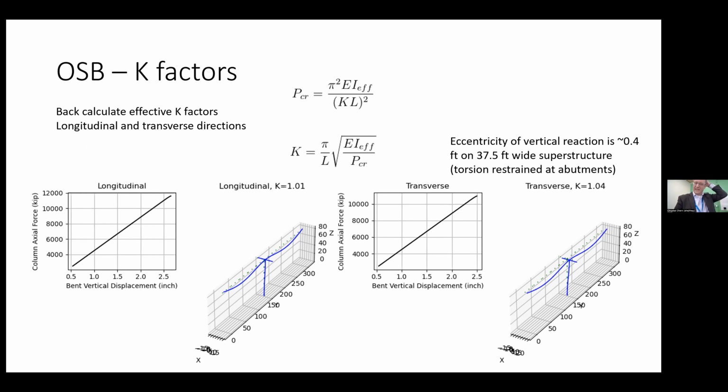And that's consistent with the assumptions made by bridge engineers for the stability analysis. And then the transverse direction, same kind of thing. This thing starts to move transversely, and then buckle also as a fixed column.